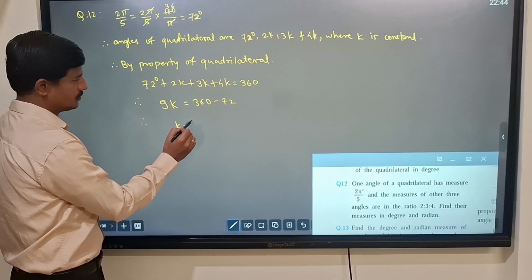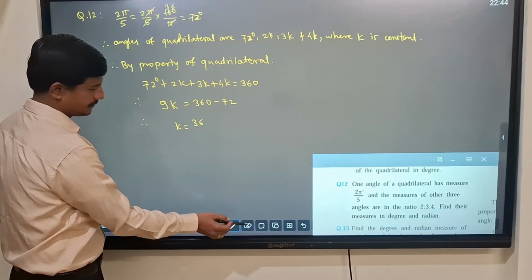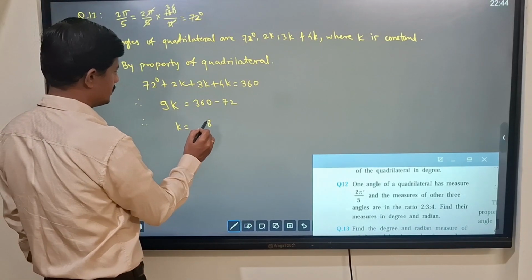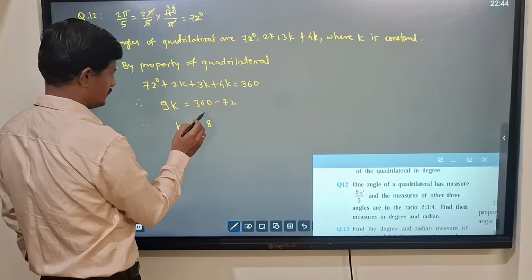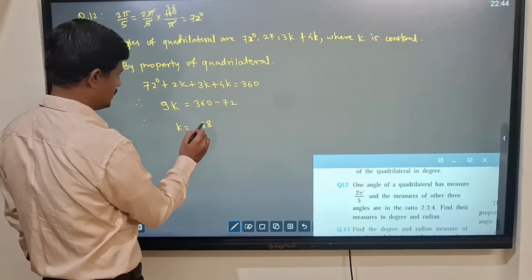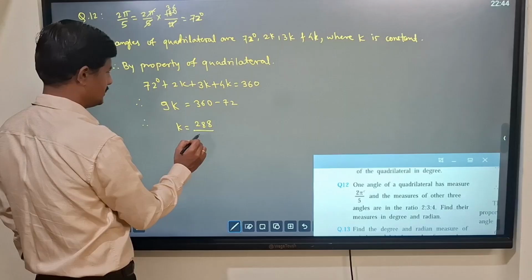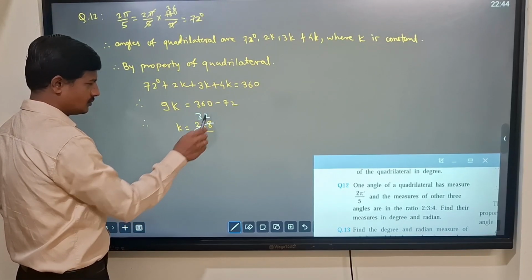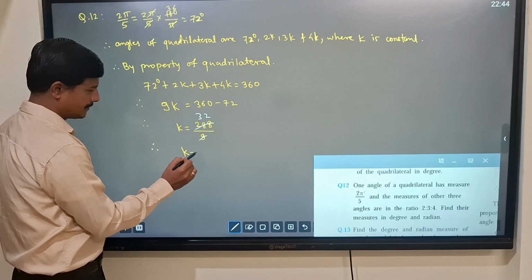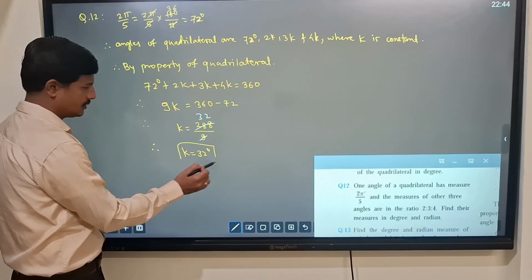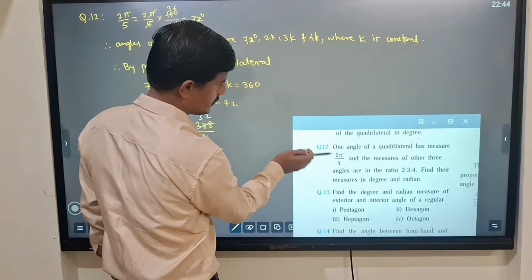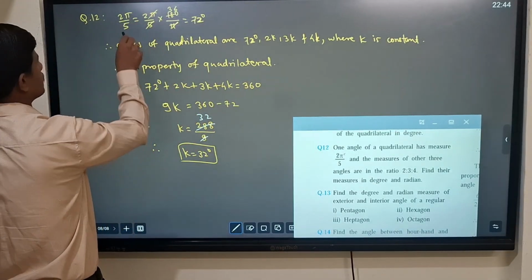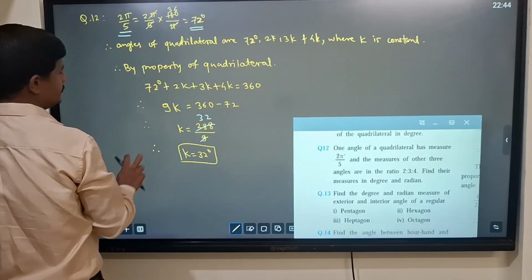Therefore k is equal to 288 by 9. So 9 3s are 27, 9 32s are 288, therefore k is simply 32 degree. Now we want angles in degree and radian. The first one is in radian also and it is in degree also. This first one is done.